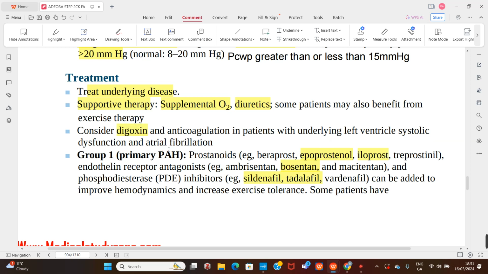And because most of the valvular problems that cause group 2 are from the mitral valve, mitral stenosis, mitral regurgitation, you can have left atrial enlargement. And we know the culprit there, the left atrial appendage, a potential site for formation of clots. So you want to place them on anticoagulants because they are also at risk of developing atrial fibrillation.